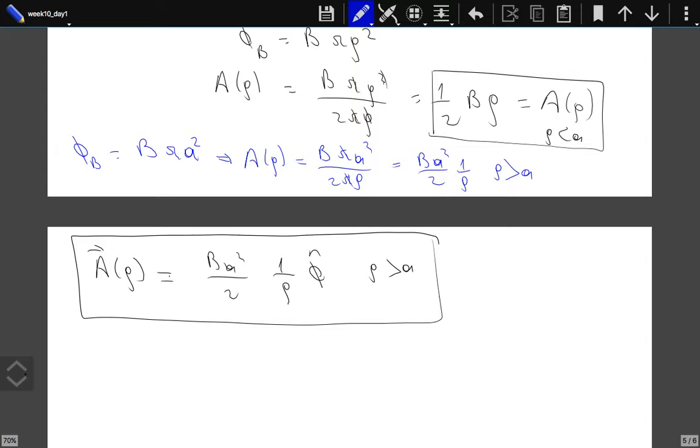Now, when I'm writing the Schrödinger equation, what will be important for me is minus i h bar, the gradient.